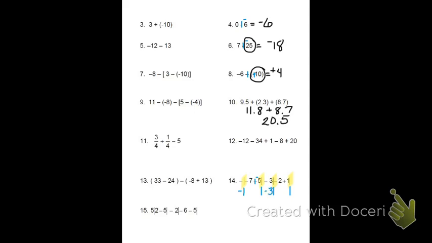Okay. So -7 plus -5. They both have the same sign, so we're just going to add those together. 7 and 5 in the negative mode is -12. -2 and a +1, because the signs are opposite, we're going to subtract and we're going to take the sign of the larger number.